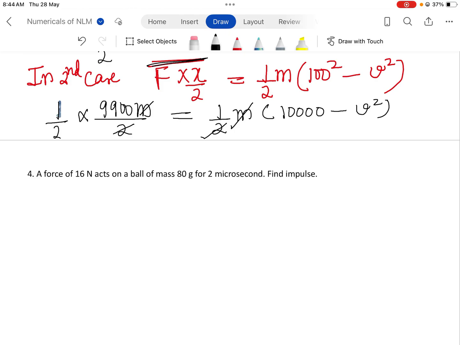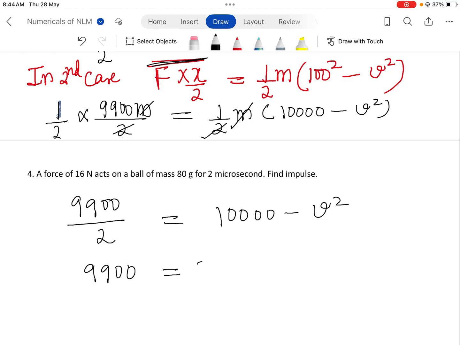It's clear. You can see 9900 upon 2 equals to minus v square. So when you will simplify, this is 20,000 2v square.